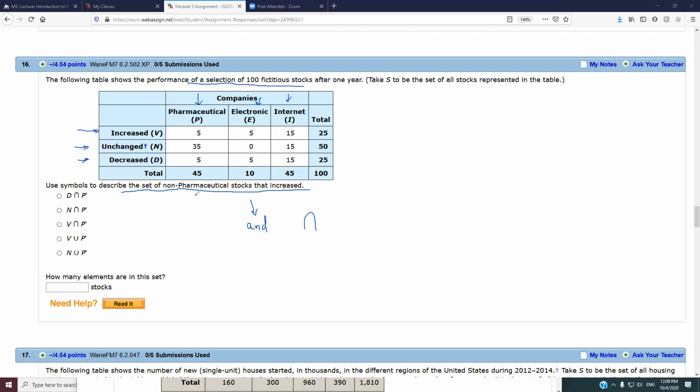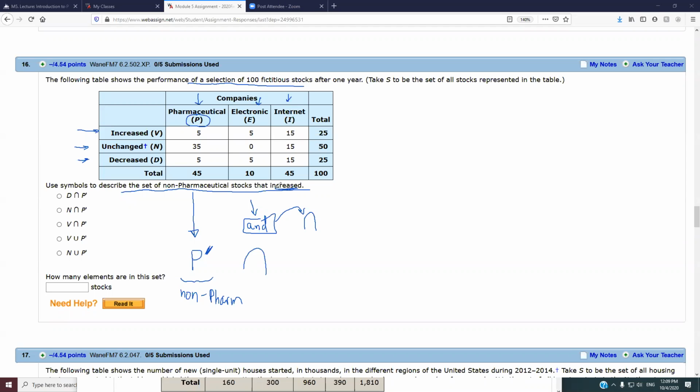Well, non-pharmaceutical stocks, I know pharmaceutical stocks are labeled as P, but I want non-pharmaceutical stocks. Well, that must be the complement of P. So the complement of P is the non-pharmaceutical stocks. The word "and" goes with an intersection symbol.